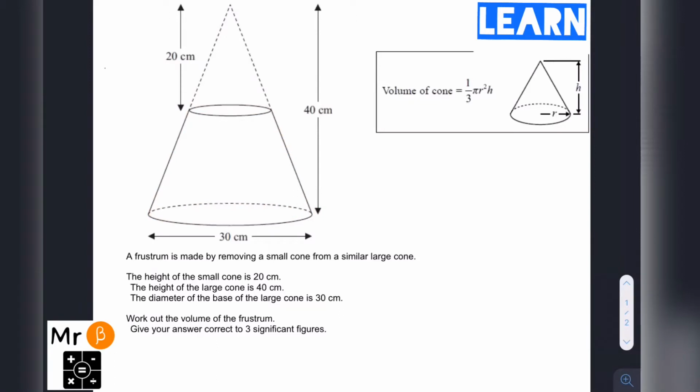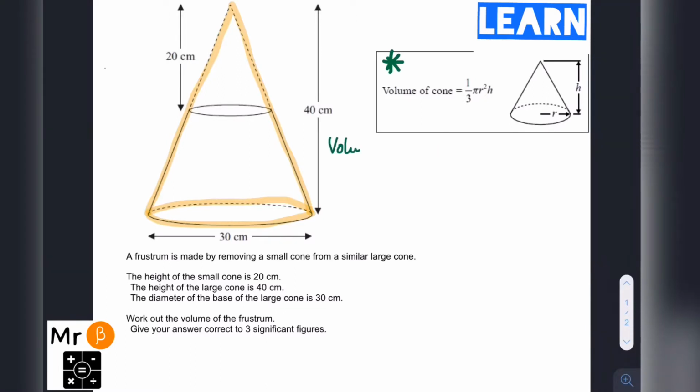So to begin with, we need to work out the volume of the entire cone. So we're going to pretend that it's all pieced together and we're going to work out the volume of this cone. The formula is always given to you in your exam, and it's this formula over here.